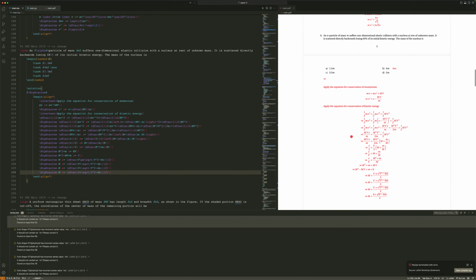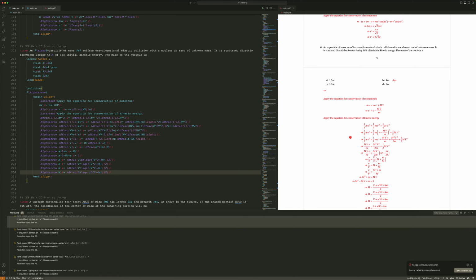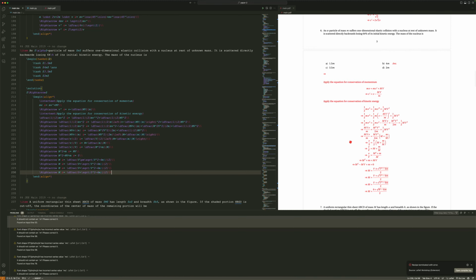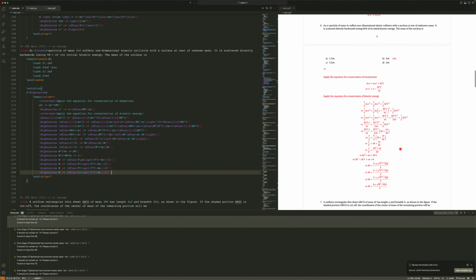Oh wow, it's pretty wild. m v, yes, that's right, m v dash and mass times velocity of unknown mass. So why is it calculating v dash? Yes, half m v square and half m v square. Yes, it's right.